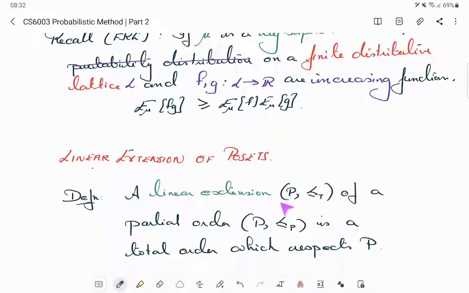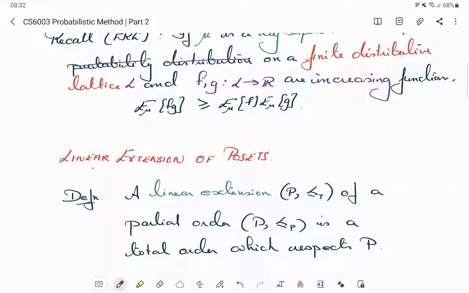A linear extension, so given a partial order P with some precedence relation, which I denote by this precedence symbol subscript P, a linear extension is a total order. Remember, a total order is a partial order in which every two elements are comparable. Your divisibility relation is usually not a total order because neither 2 divides 3 nor 3 divides 2, so they are incomparable.